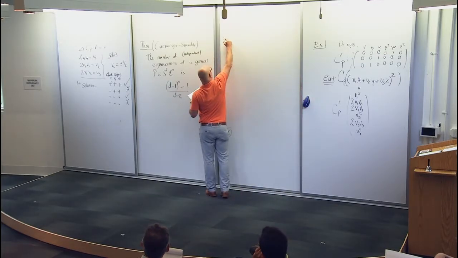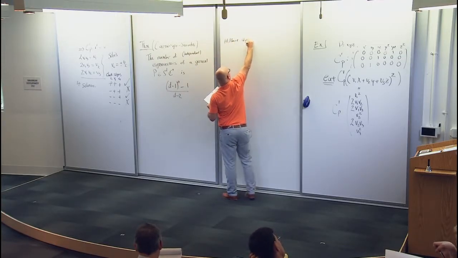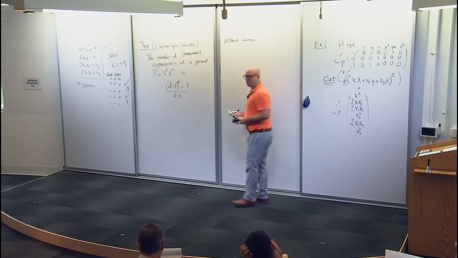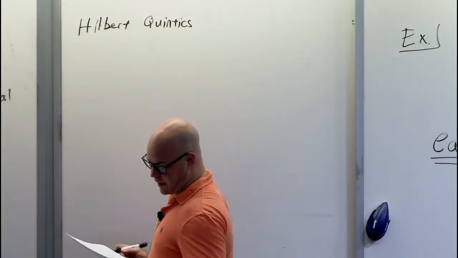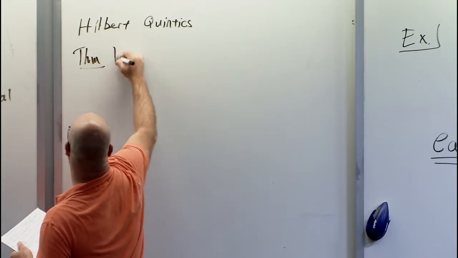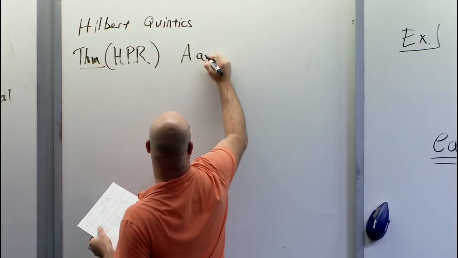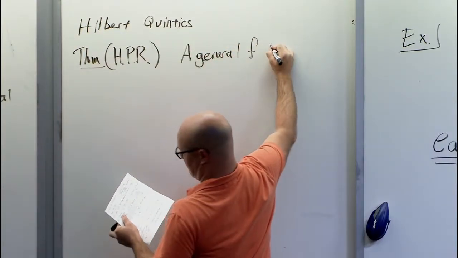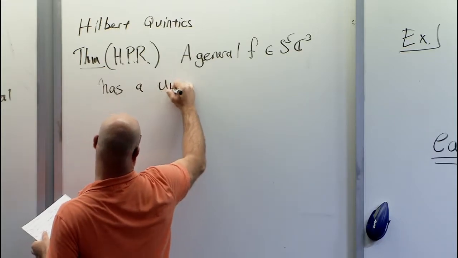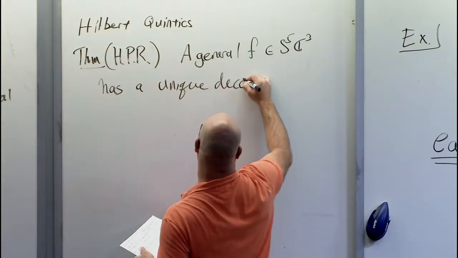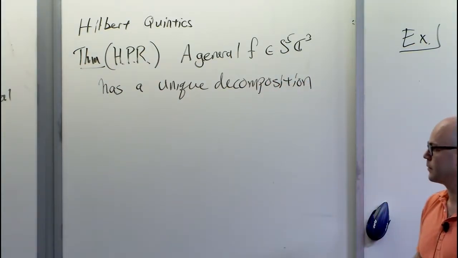Okay. So here's an example. Hilbert quintics. So Hilbert, Valentini, and Rosen said the following theorem. They're old enough that we don't have to write their names. So a general F inside of Sym^5 of C^3 has a unique decomposition. In this example, we didn't have a general P, so I don't get 4 if I plug it into this formula.